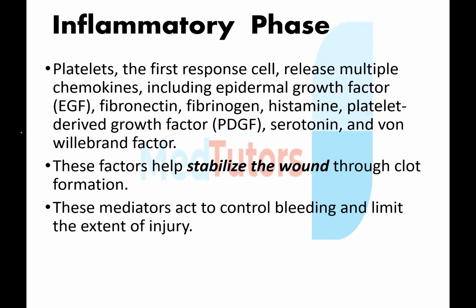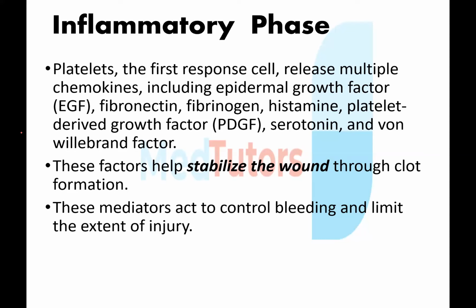Now, this leads to what? The inflammatory phase. As we said, platelets are the first response cells. They release multiple chemokines, including epidermal growth factors, fibronectin, fibrinogen, histamine, platelet-derived growth factors, serotonin, and more von Willebrand factors that even further the adhesion to the collagen.